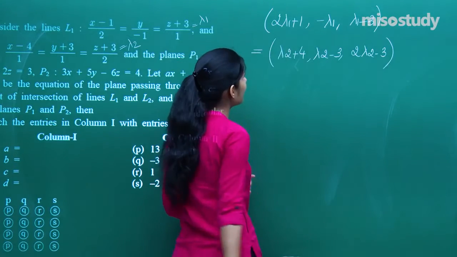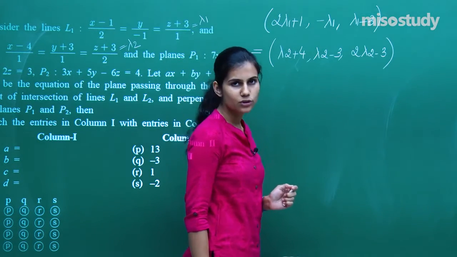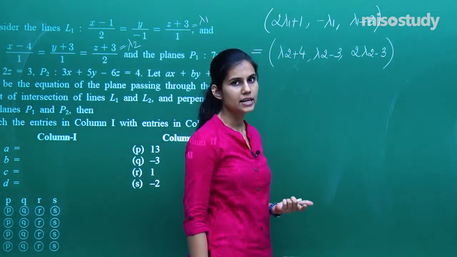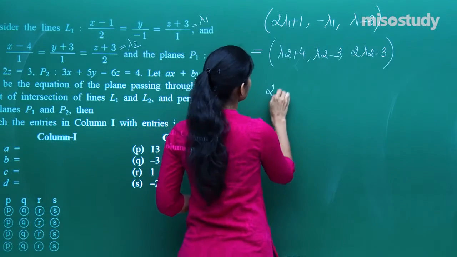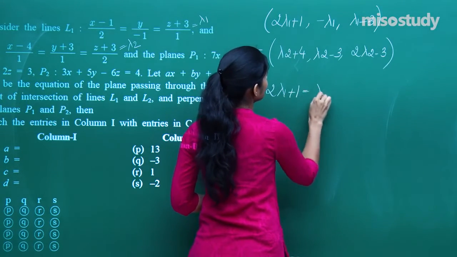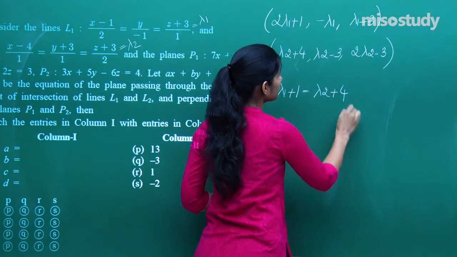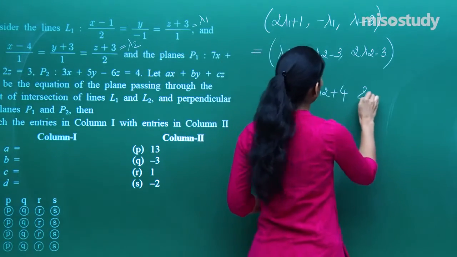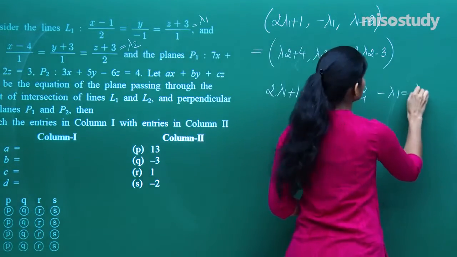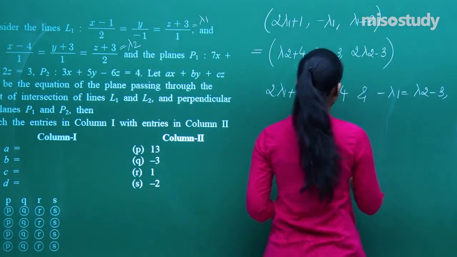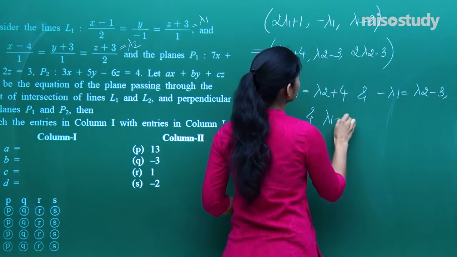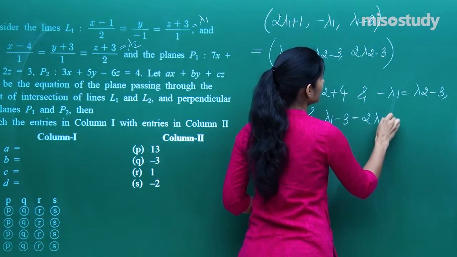For which values of lambda 1 and lambda 2 will they be equal? That is going to give you the point of intersection of the two lines. So, you basically get 2 lambda 1 plus 1 equals lambda 2 plus 4, right? And you get minus lambda 1 equals lambda 2 minus 3, and you get lambda 1 minus 3 equals 2 lambda 2 minus 3.